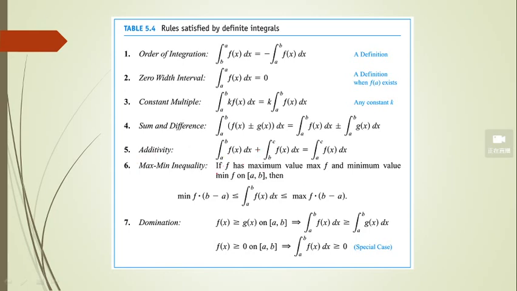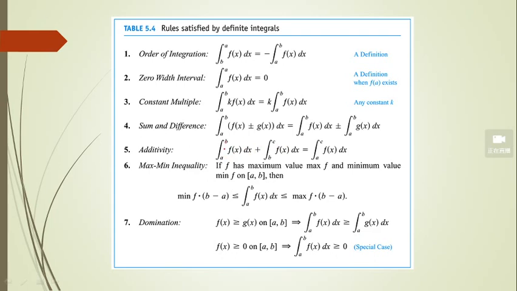If we have the definite integral from a to b plus the integral from b to c, of the same function, it just means you take the region under the function f(x) from a to b, plus the region from b to c. What is the sum of those two?